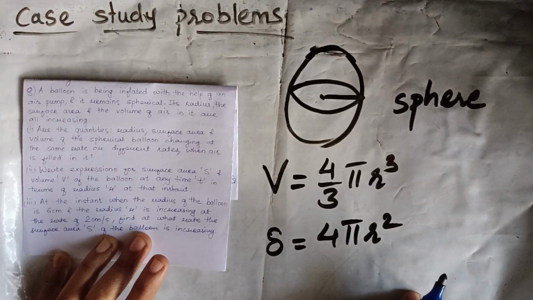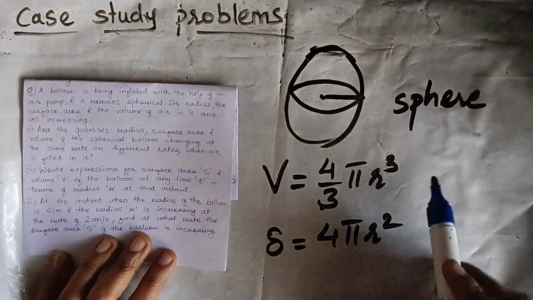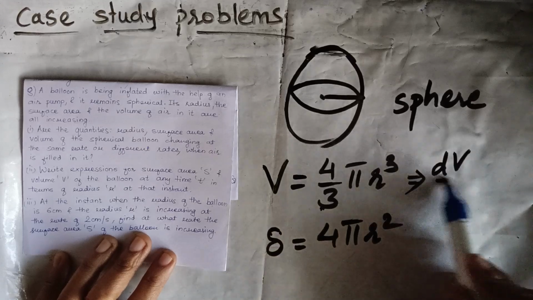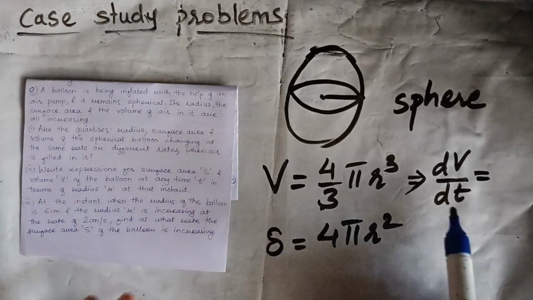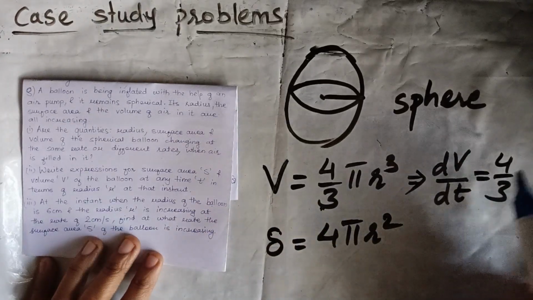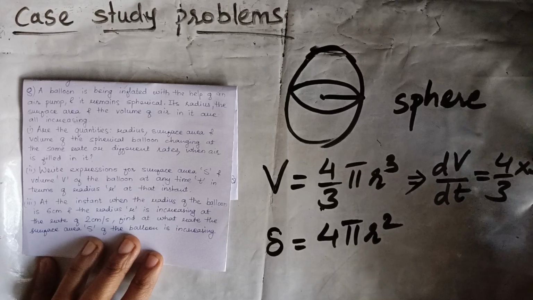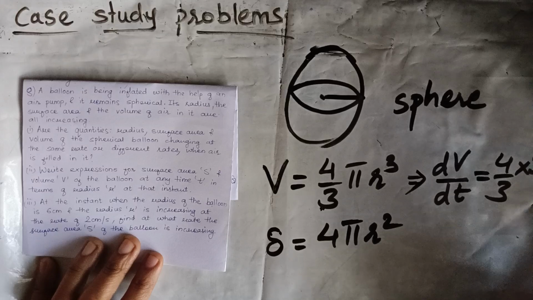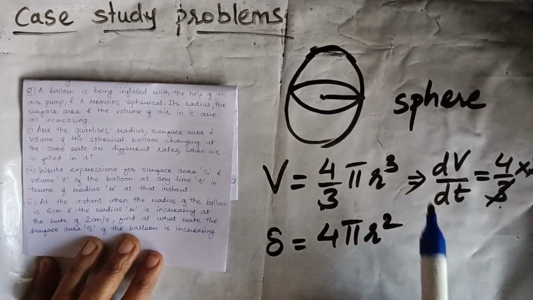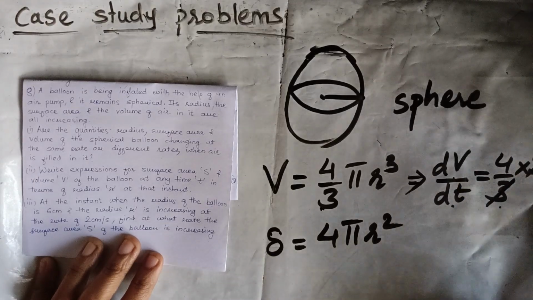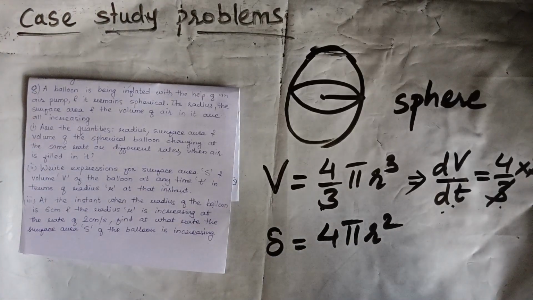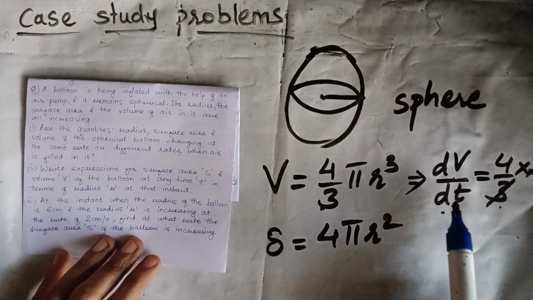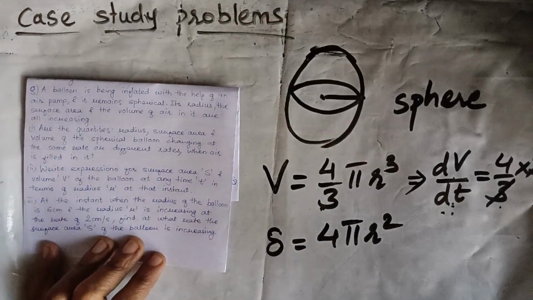Okay, now when it is changing with respect to time, when it is increasing, that is a positive value, it will be 4 by 3 into 3 r square, that is the derivative of r cube, and then dr by dt. Okay, now here when volume is changing, its radius is also changing, but you can't say that it is changing at the same rate. Okay, it can be anything. So it is changing but at different rates.